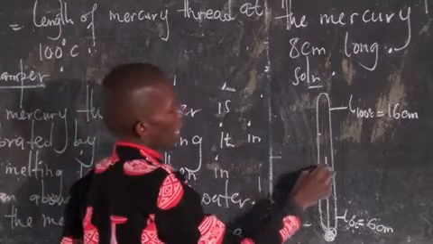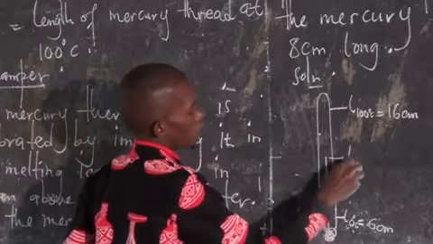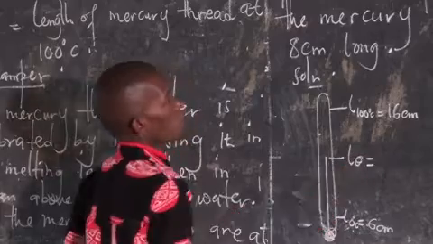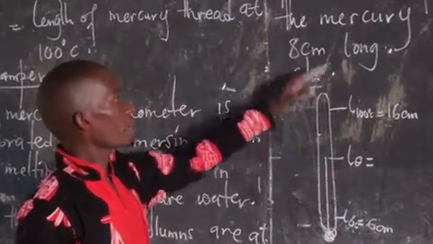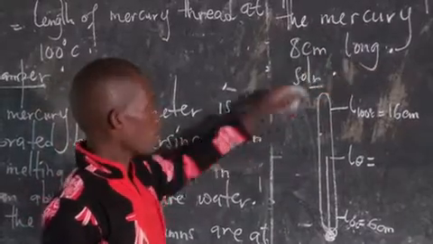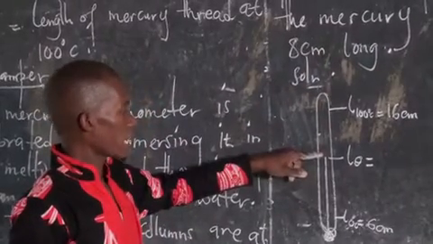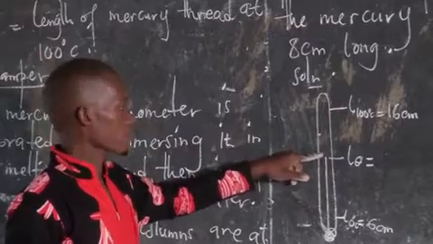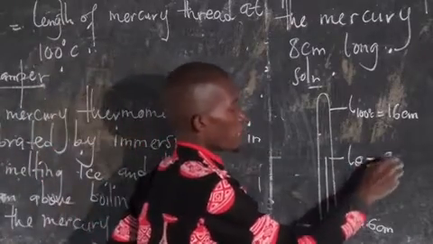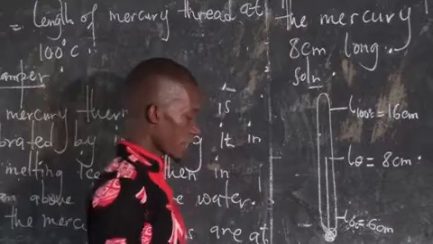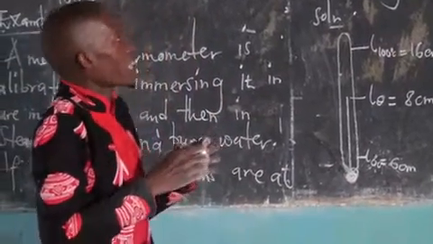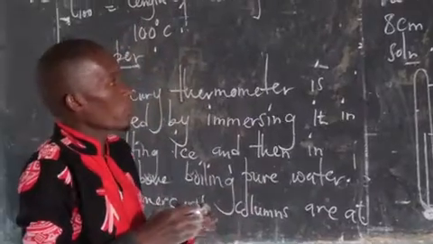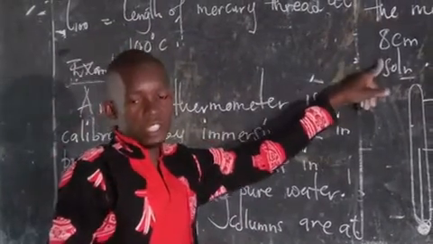And we have L theta, the length of the mercury column in the liquid glass thermometer, which is equivalent to 8 centimeters. Then, what do they want to calculate? Find the temperature when the mercury is at that.